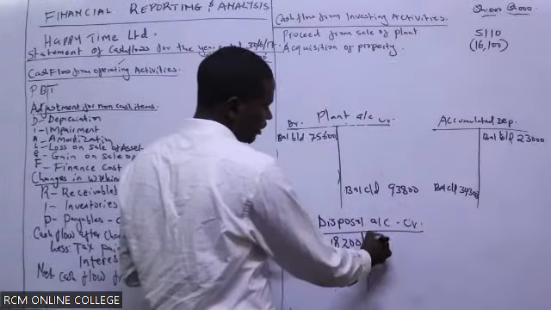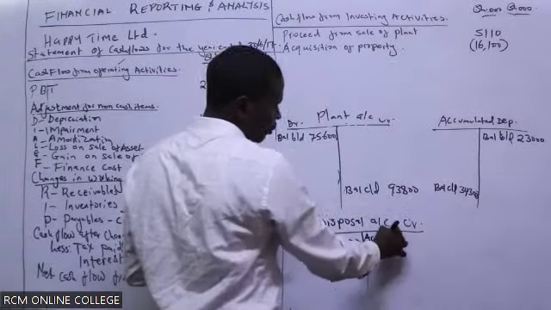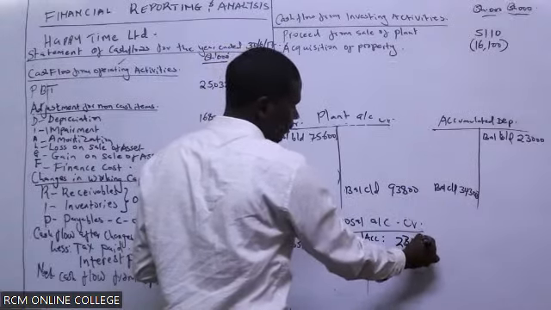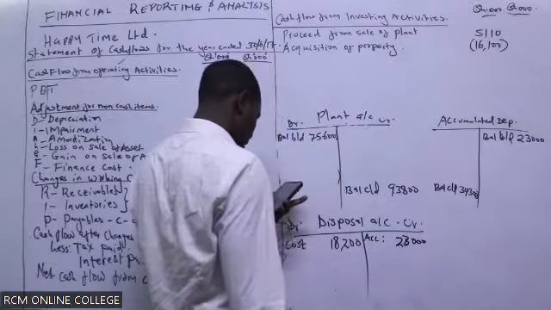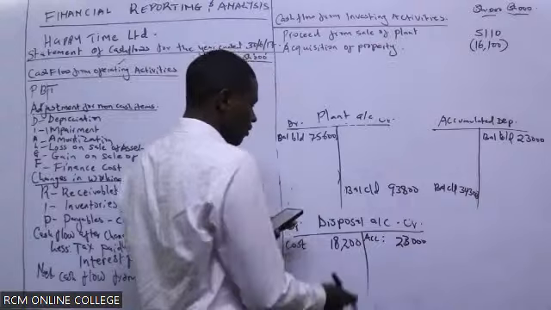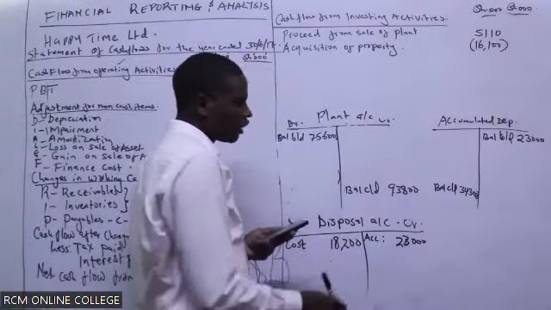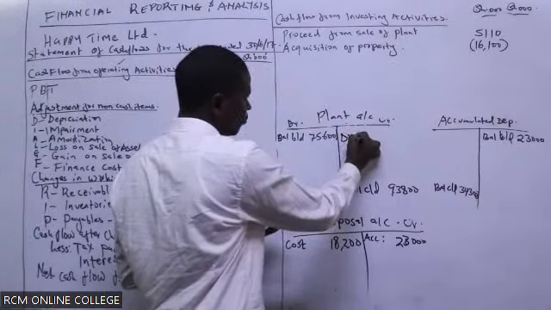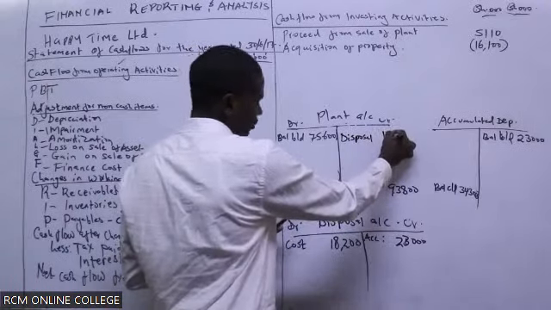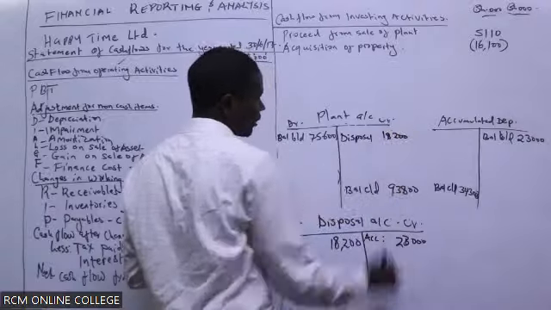What was accumulated depreciation? From accumulated depreciation, we get 23,000. Then remember we have disposal here. From disposal account, kuna amount 18,200.